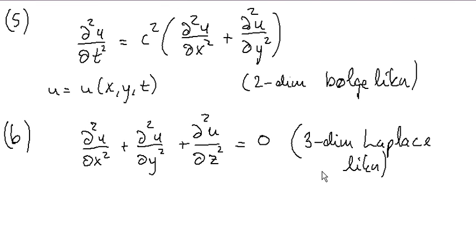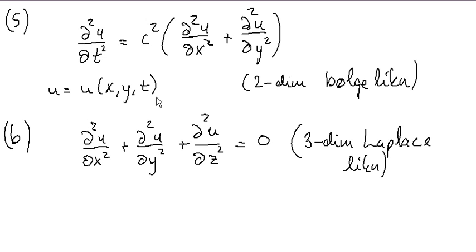The fifth example is the following. It's a two-dimensional wave equation. For the wave equation we take the second order derivative of u with respect to t on the left side, and on the right side we have c squared, where c is, as above, a constant, multiplied with the Laplacian of the unknown variable u.